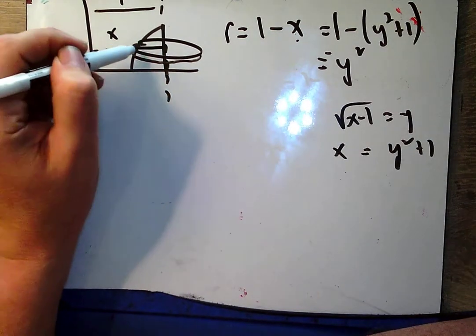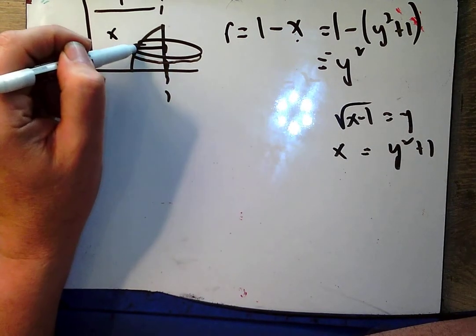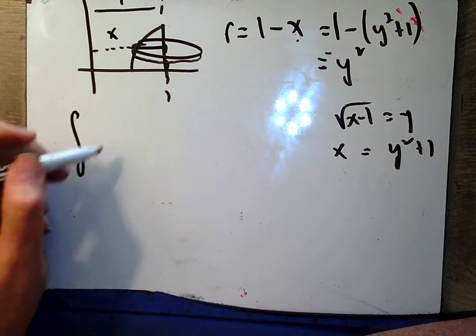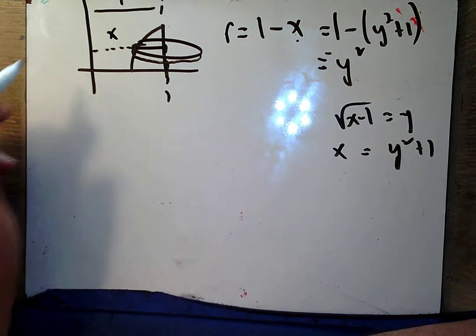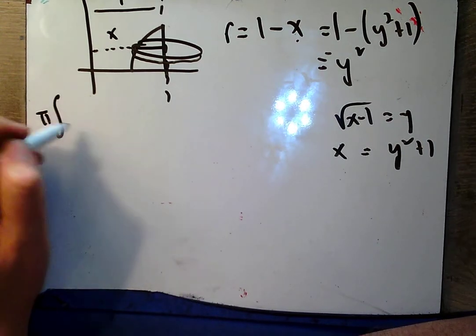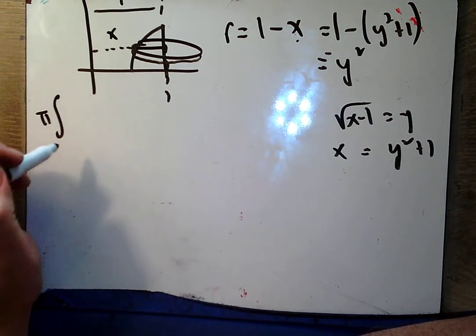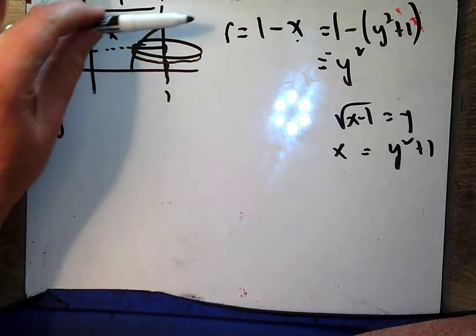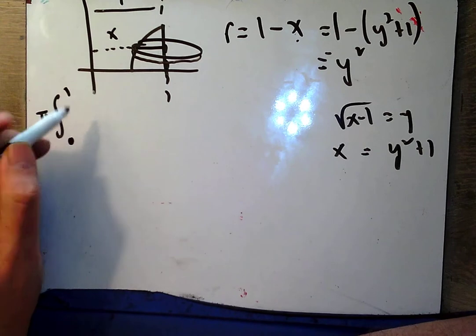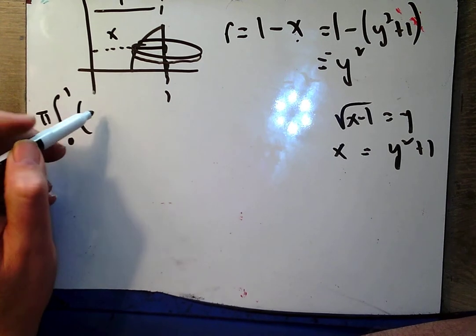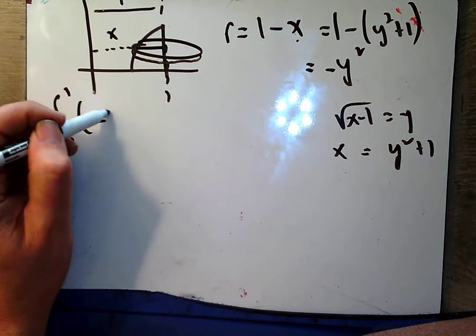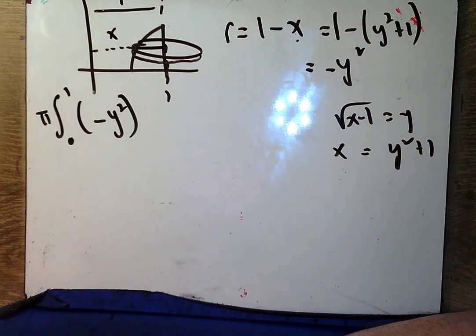This is 1, this is x, that's my radius. Yeah, 1 minus x. Okay, so the integral that I would be looking at would be pi. Now remember, we're integrating dy here, so we're going to go from y equals 0 to y equals 1. And my radius is minus y squared. That doesn't make any sense to me whatsoever.